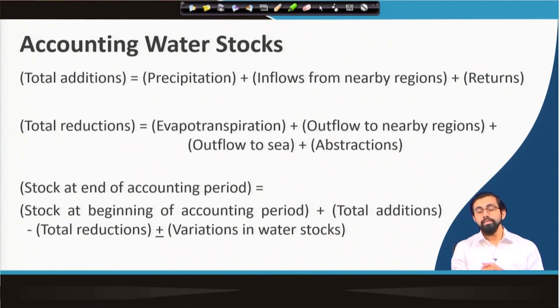The outflow to the sea, as I told you already, is because of the change in the gradient or the change in slope, and because of other parameters, we somehow lose some amount of water to the sea or to the groundwater, to the ground itself.